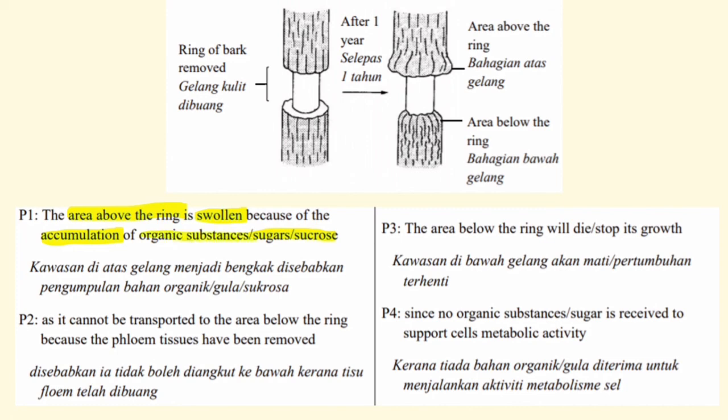This is because it cannot be transported to the area below the ring because the phloem tissue has been removed. The area below the ring will die or will stop growing. This is because it does not receive any sugar or organic substances. And there we go. That is your answer.